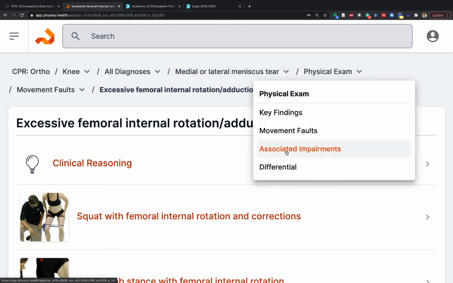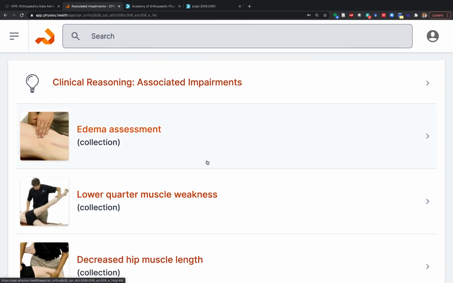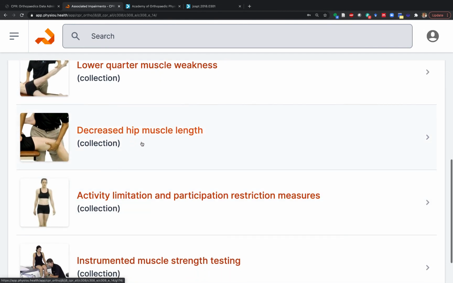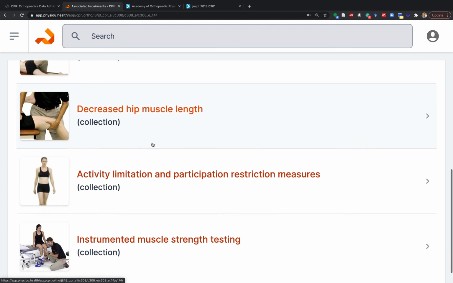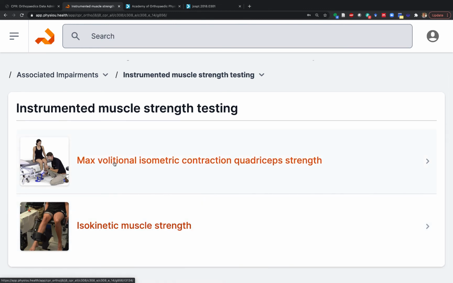And let's see, here's associated impairments. What are some other things that might be present that need to be managed? Edema and swelling, lower quarter muscle weakness, decreased hip muscle length, right? So a lot of tight muscles. It is also advised that we look at some isokinetic strength, sorry, and isometric hand dynamometry strength testing.